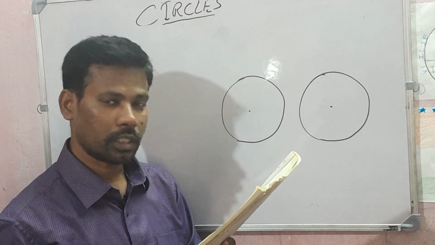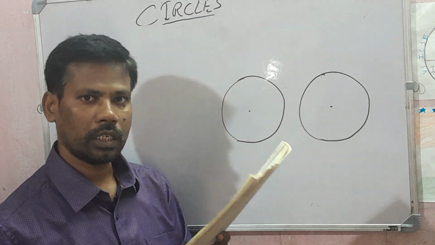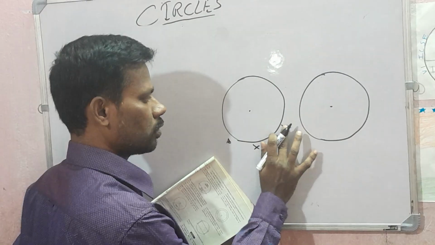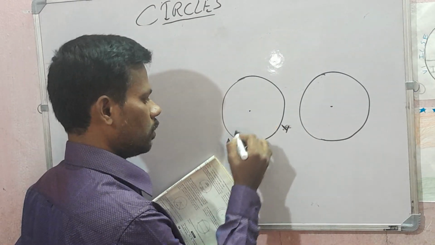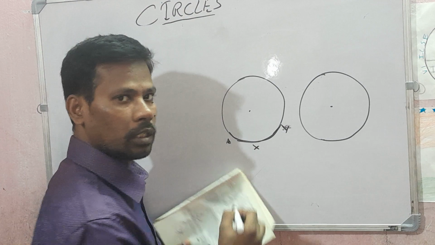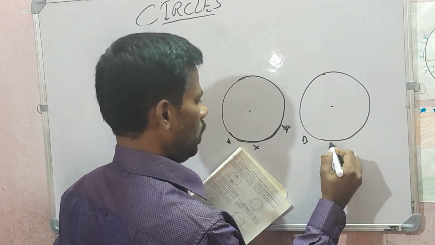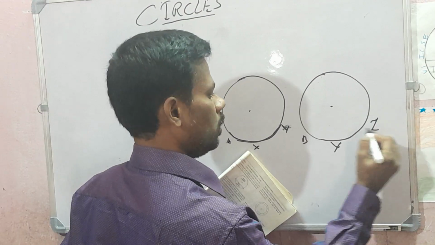What they are saying: if two arcs of a circle are equal, arcs are denoted by three letters, A, X, Y, this part. Next, B, Y, Z, this part.